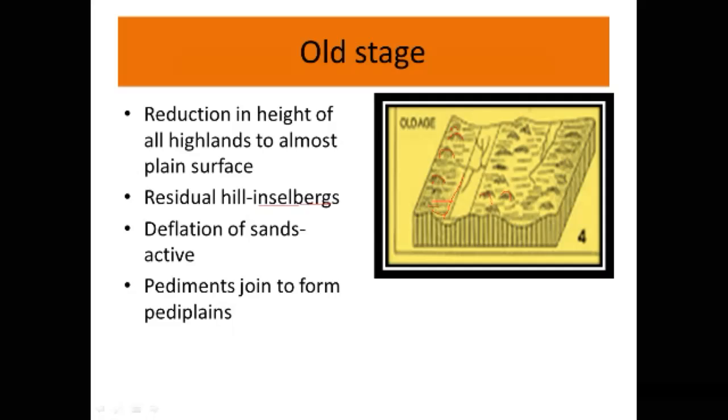The mountainous region which was there in the initial stage has been reduced to barely a desert pavement or desert surface, and it has become almost plain. Only the underlying hard rocks are projecting, still undergoing the erosional process, and they remain like inselbergs. So that's what happens in the old stage.